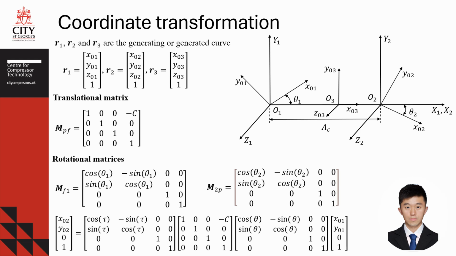Transform R2 from the fixed system x2, o2, y2 to the local system x02, y02, which rotates with the gate rotor. This process, illustrated in the final equation on the slide, ensures that the generated curve maintains proper alignment and functionality within the two-rotor system.